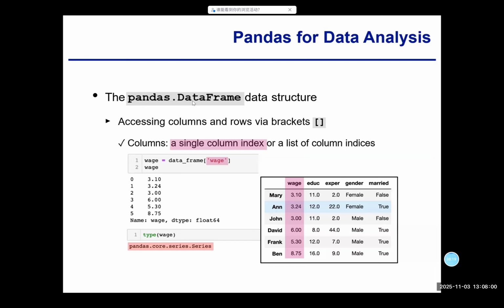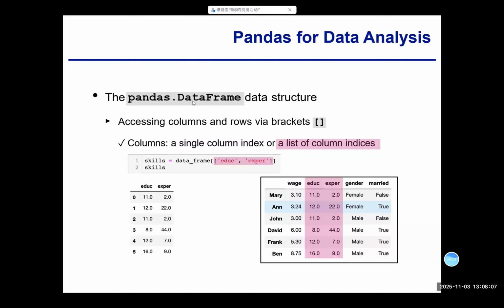If you only want to select a single column, you can call the column by quoting the name. If you want to select a subset of columns, for example, 2 columns, both the education and the experience, then we can also do this, but we need an inner layer of brackets. So we have encountered this 3 or 4 times already. The only difference here is that without specifying which dimension it is, by only calling the name, Python will first consider the column names. So that's one slight difference, but less important.